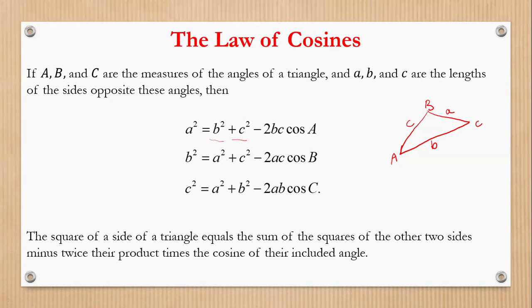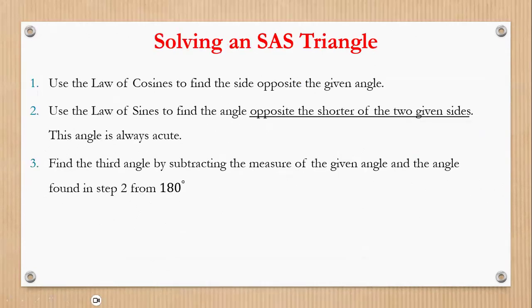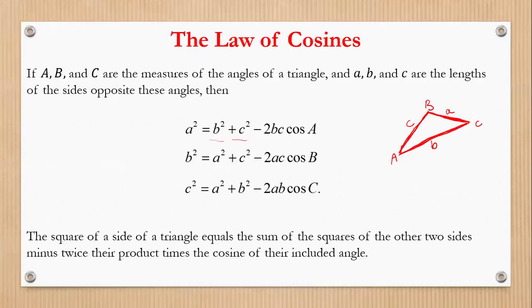Which means if I want to find this side when the other two sides are given to me, I will square this side and square the other side and then add them together. Then I will multiply these two sides, multiply by 2, and multiply by the cosine of the included angle, which means the angle in between.